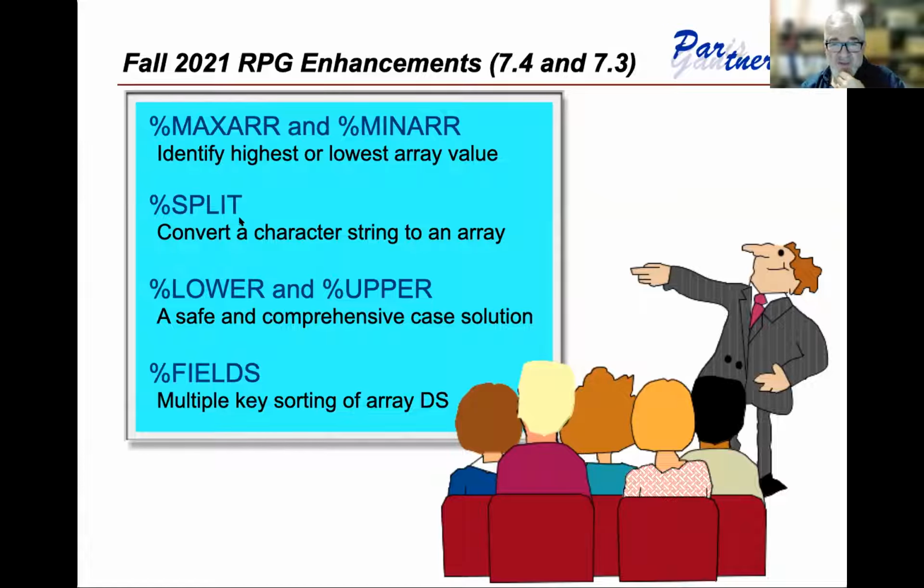We have %split, which will chop a character string into bits. We have lower and upper, and I'll talk about why they're a good thing to use. And we have %fields, which means that if we want to sort data structure arrays on multiple keys, we no longer have to code qsort type routines to handle that. We can do it directly with RPG.